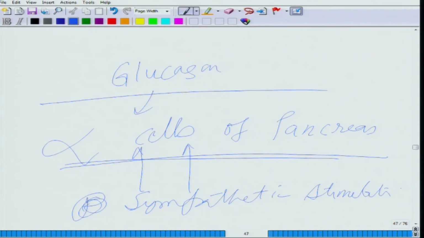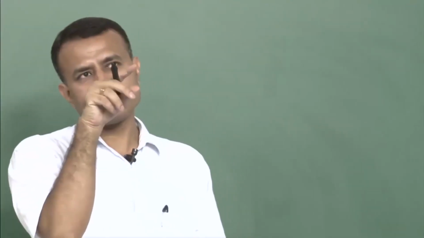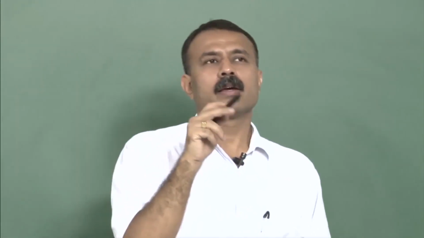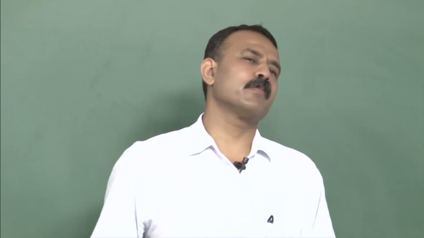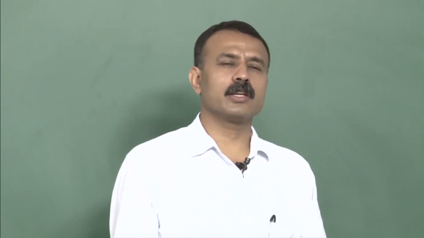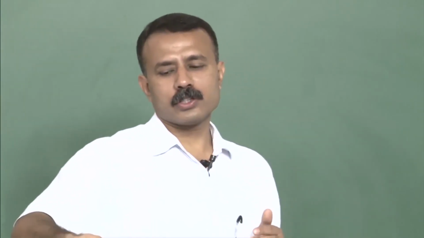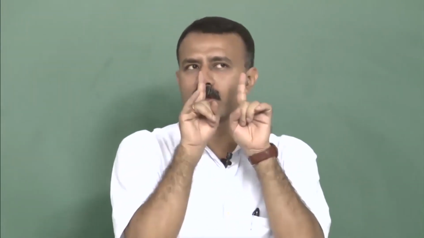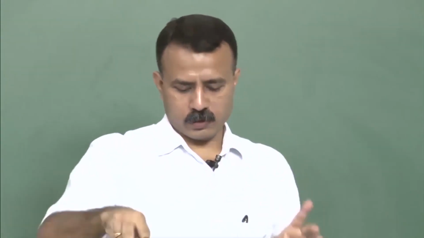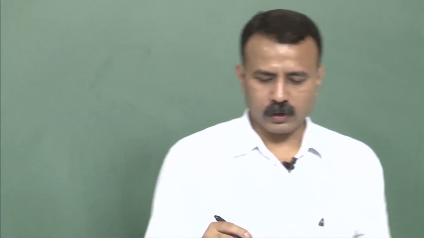So, here I wish to highlight something. If you just remember the previous slide, the insulin secretion was stimulated by the parasympathetic, and glucagon secretion is influenced by the sympathetic. So, I told you while I was teaching you sympathetic and parasympathetic, they have opposing function. So, look, this is a situation on the same organ. Okay.